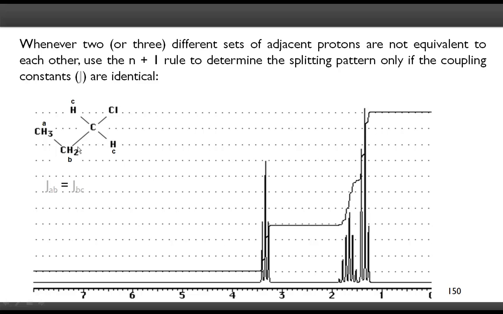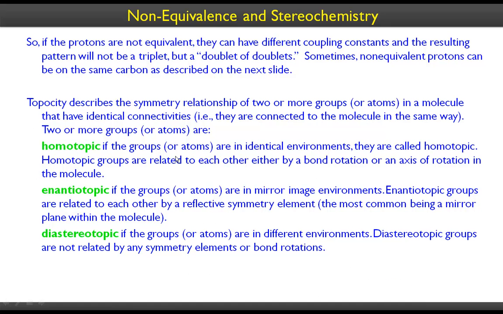Vice versa, you can calculate. So if the protons are not equivalent, they can have different coupling constants, and the resulting pattern will not be just a triplet, but it would be much more complex. It can go into a doublet if you have 2 neighbors, or if you have more than 2, then it can be pretty complex. We'll see in a few slides how to decide this kind of complex splitting.